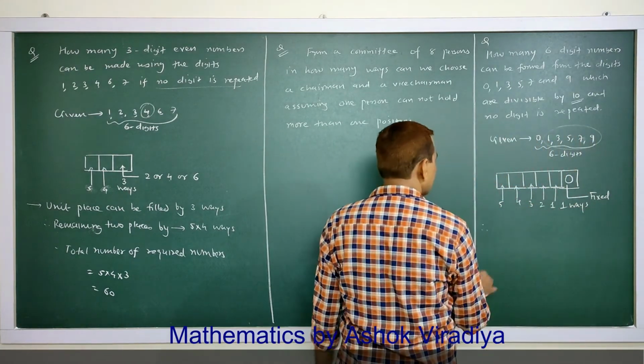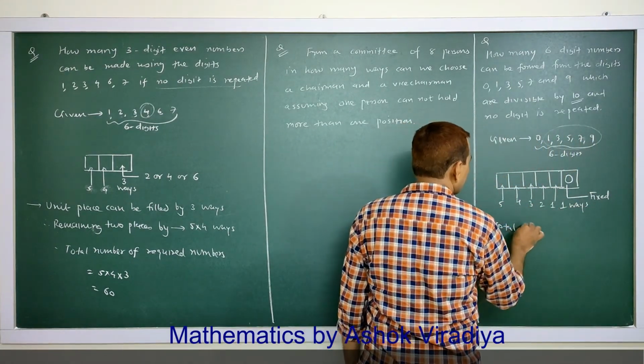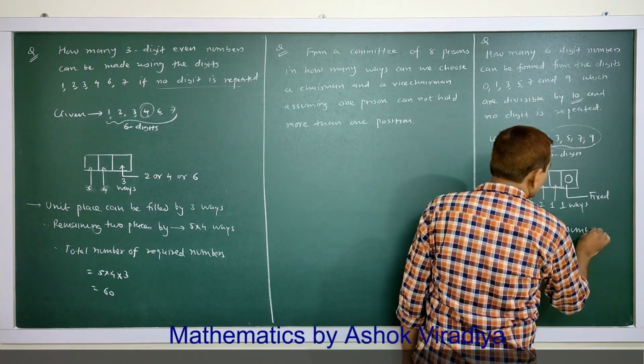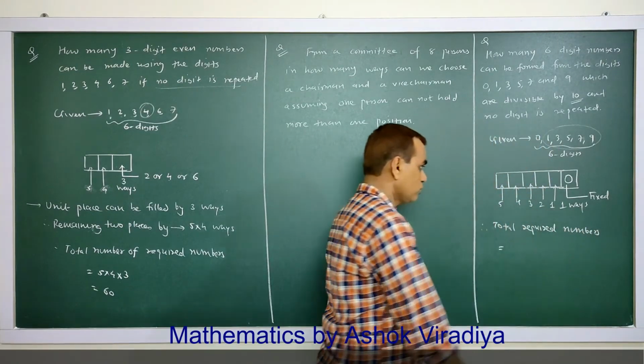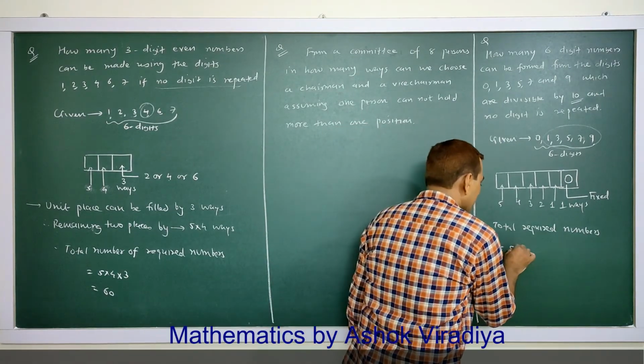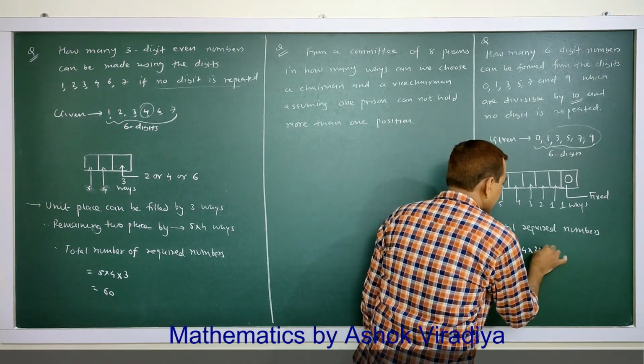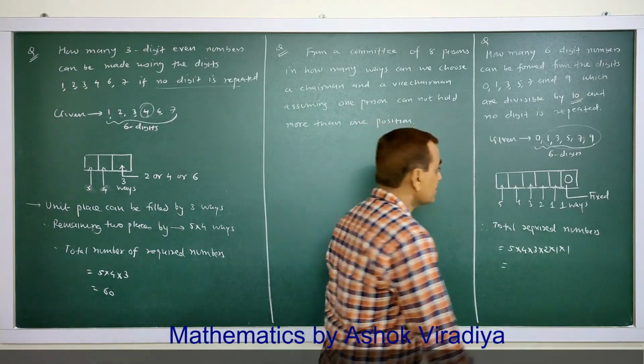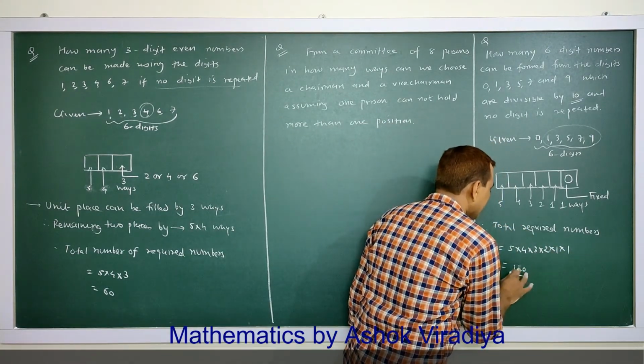Therefore, the total required numbers equal 5 into 4 into 3 into 2 into 1 into 1. There are 120 such numbers.